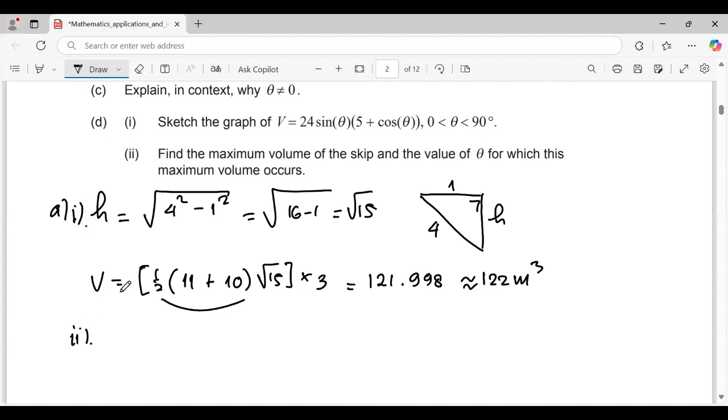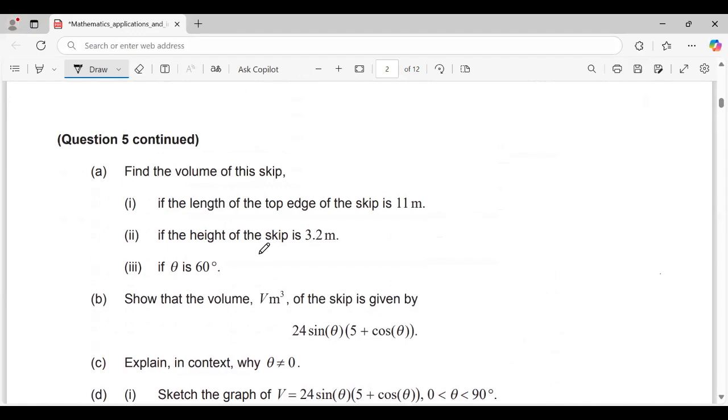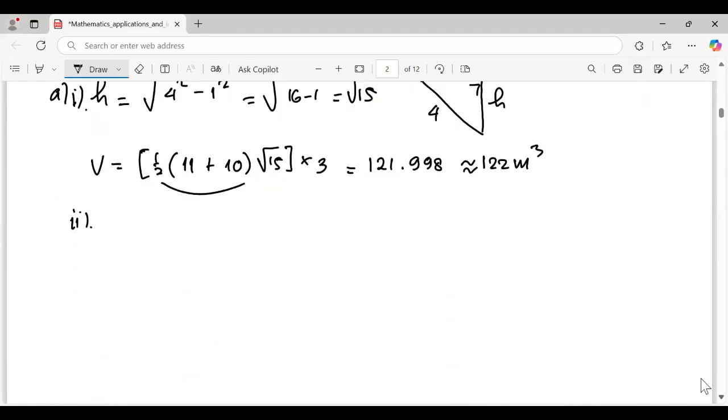Second, if the height of the skip is 3.2 meters, I would like to draw a right angle triangle. If the height is 3.2, the slope is 4. So we are going to find this side.